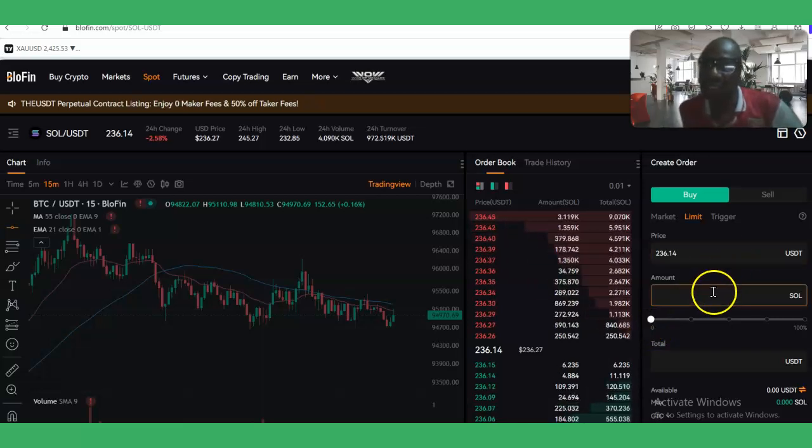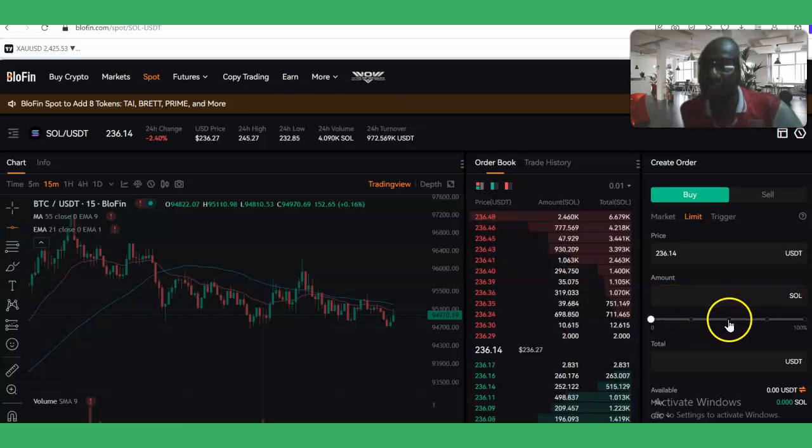Here are your assets. Now, how much are you buying? You can buy 25%, you can buy 50%. These are the percentages you are buying: this is 25, this is 50, this is 75, this is 100. You can buy the whole of your assets.